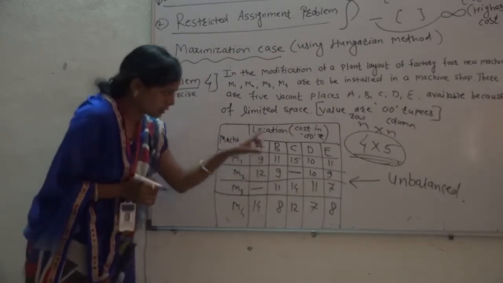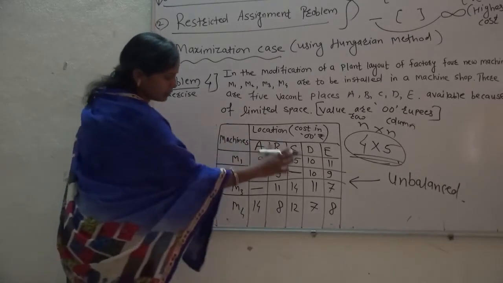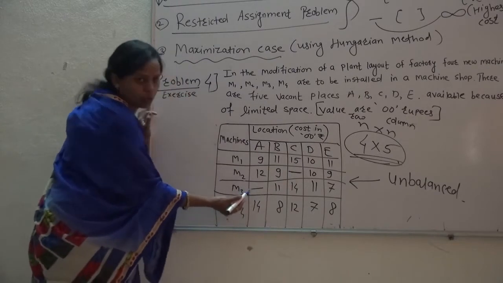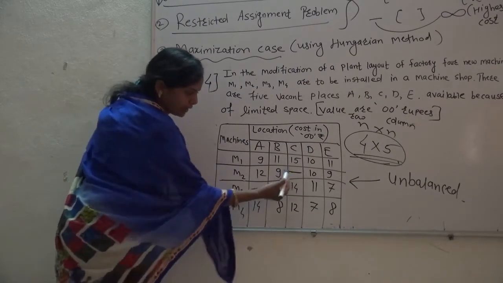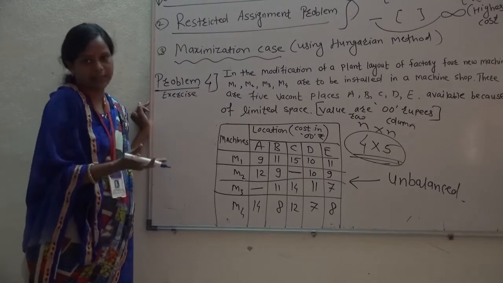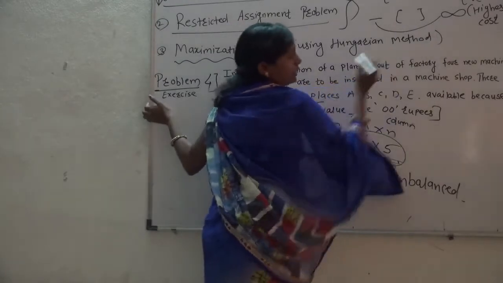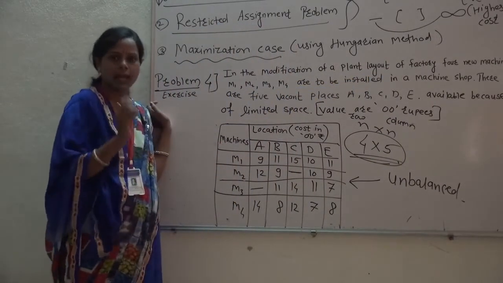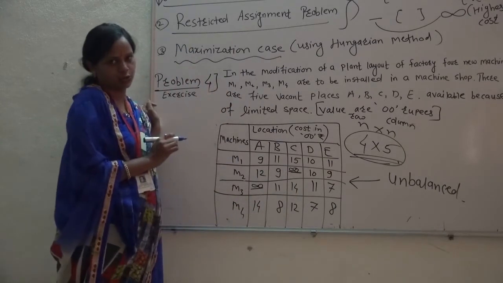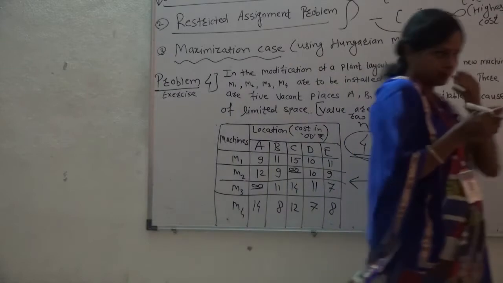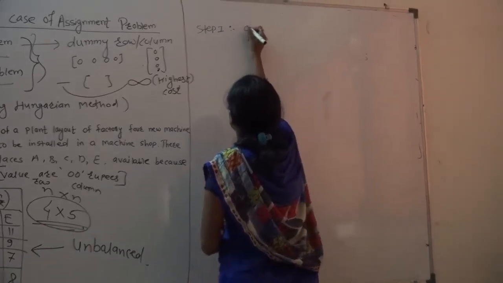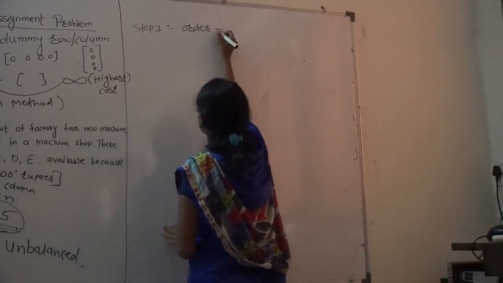And see here, observe this assignment problem. There is a vacant place in the second row as well as in the third row. These 2 vacant places we have to replace by the cost infinity. Which means we write infinity here. Infinity is the highest cost. First is the order of the given assignment matrix.